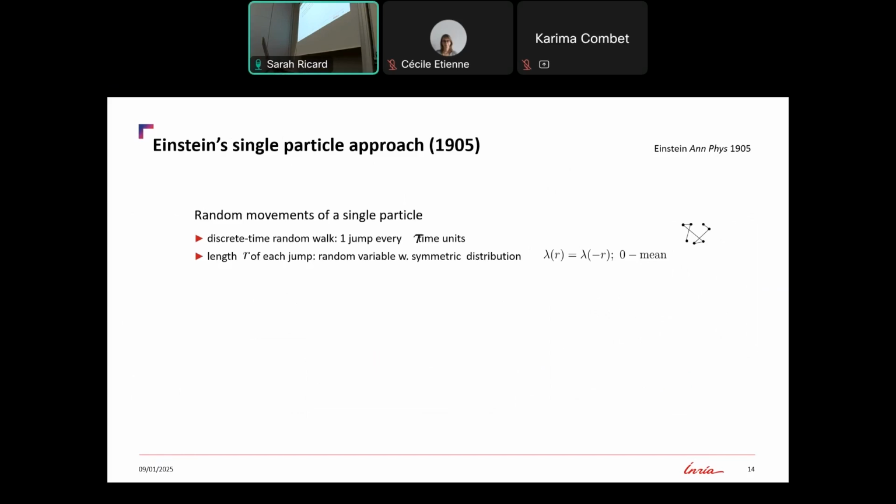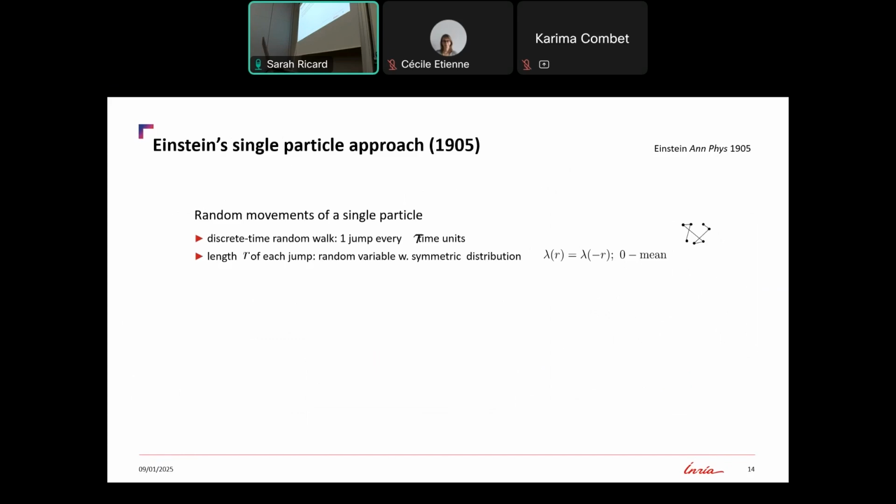So the model of Einstein is a discrete time random walk movement. What Einstein poses as a hypothesis is that my random walker moves every tau time units.